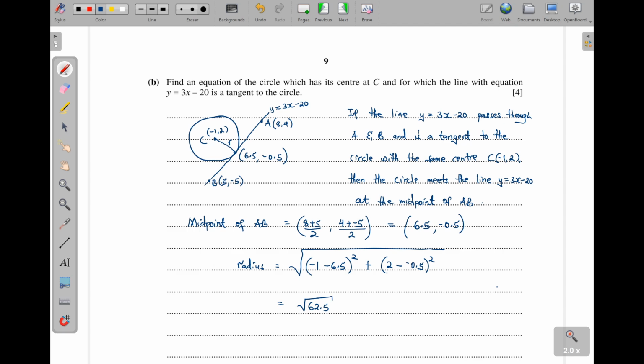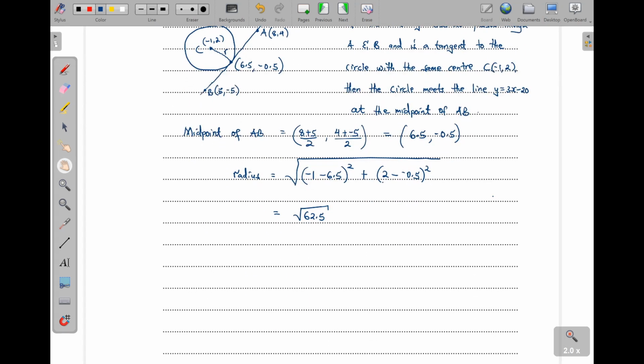Now they want the equation of the circle. Remember, the general equation of the circle is given by x minus a, bracket squared, plus y minus b, bracket squared, which is equal to r squared. So the center is that a, b.